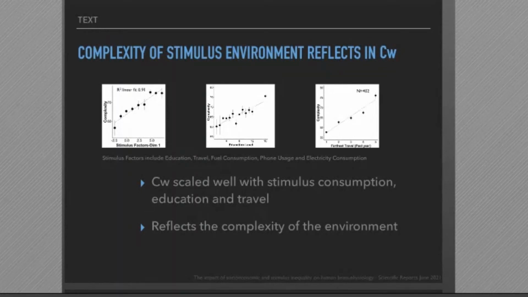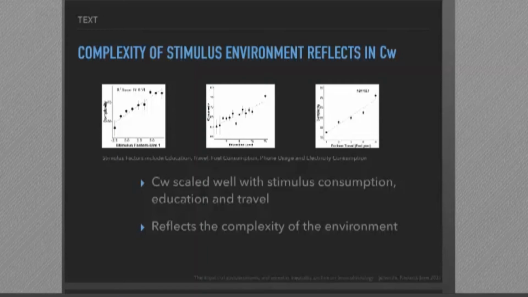So waveform complexity essentially reflects the complexity of the environment the participant is going through. And I want to reiterate that in all the studies I'm showing today, the recordings were done as resting state EEG with participants closing their eyes and recording for just 3 to 4 minutes from each individual.